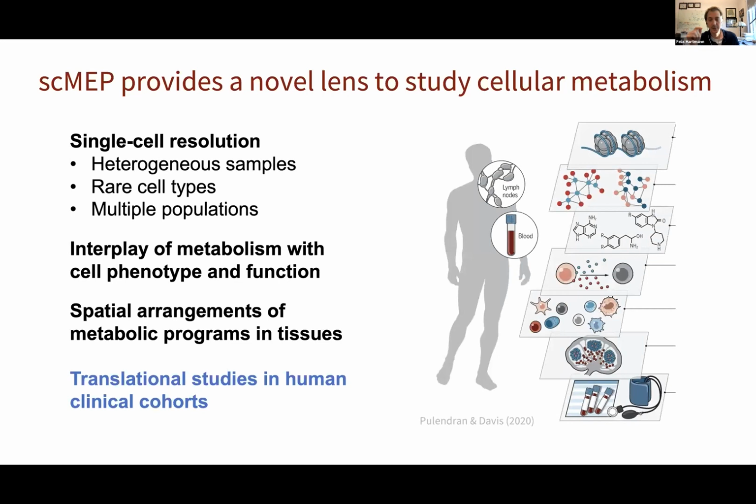Together, I think this is really going to enable us to do translational studies in human clinical cohorts, and see how these things change in, for example, cancer patients upon response to treatment, and how they can be used as targets for future therapies, or to predict things. I'm excited to address all of these questions in the future.